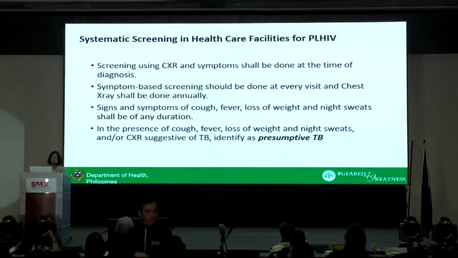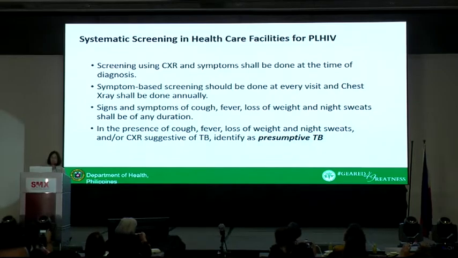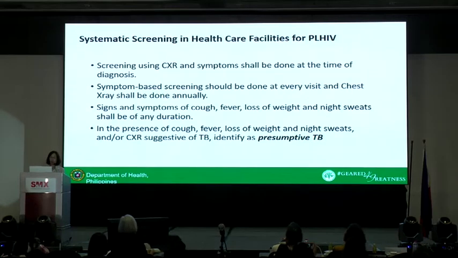So for the systematic screening for people living with HIV, we will be screening using chest x-ray and symptoms. This will be done at the time of diagnosis. Then we will also do symptom screening at every visit. We need to check if they have the signs and symptoms, and chest x-ray will be done annually.